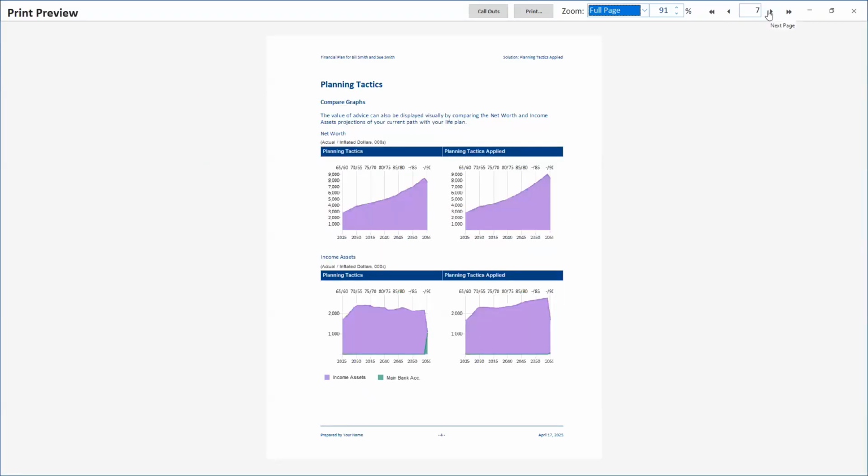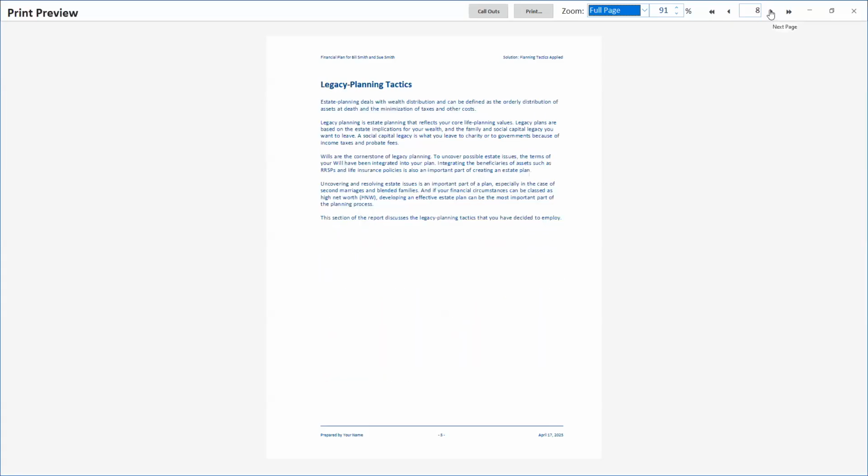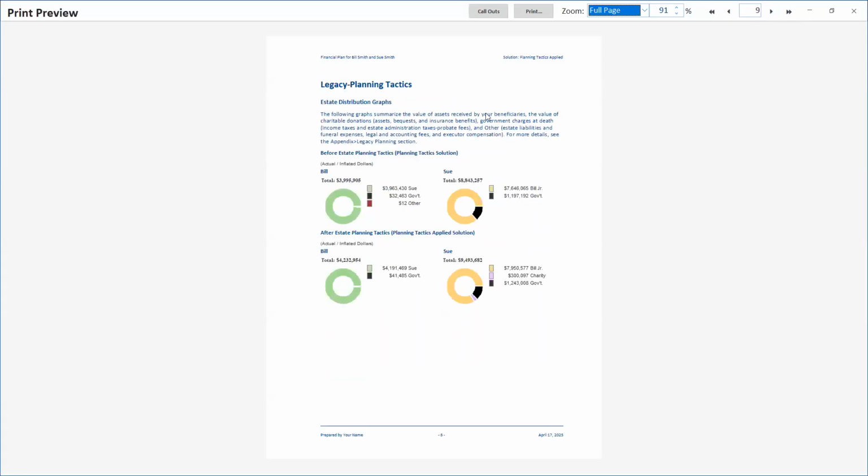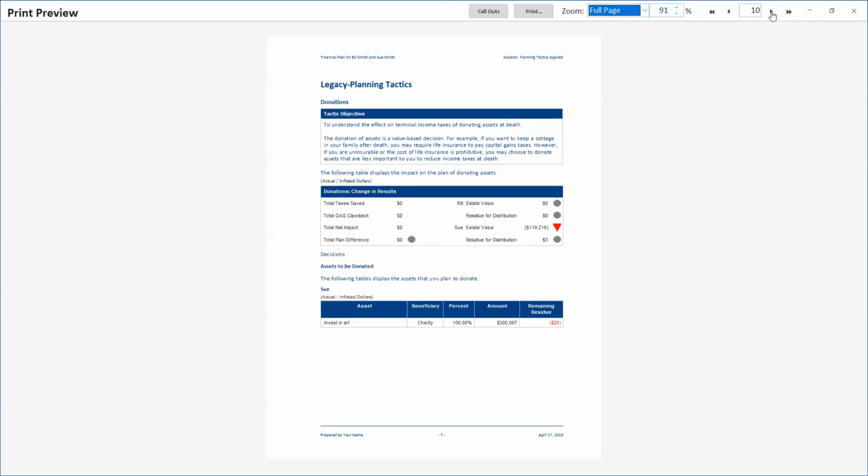But then the graph, of course, and then the legacy planning tactics. And it shows us the estate distribution graphs, who's going to get what. This is before the planning tactics solution. This is after, so we can see a difference that's taking place. And then we can get into the effect on the different tactics.